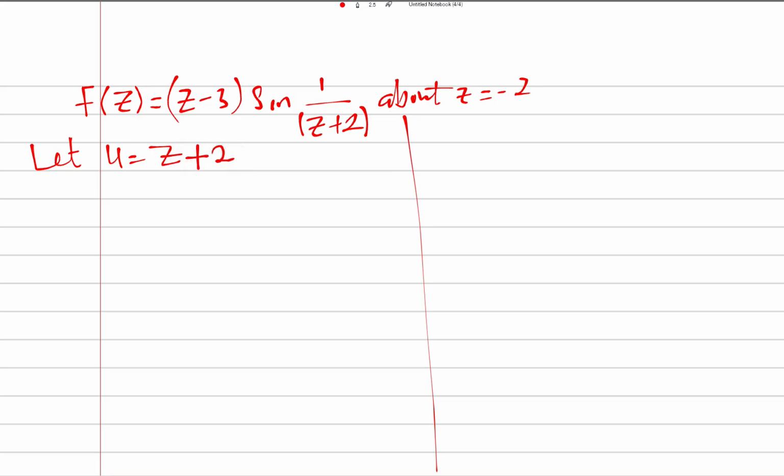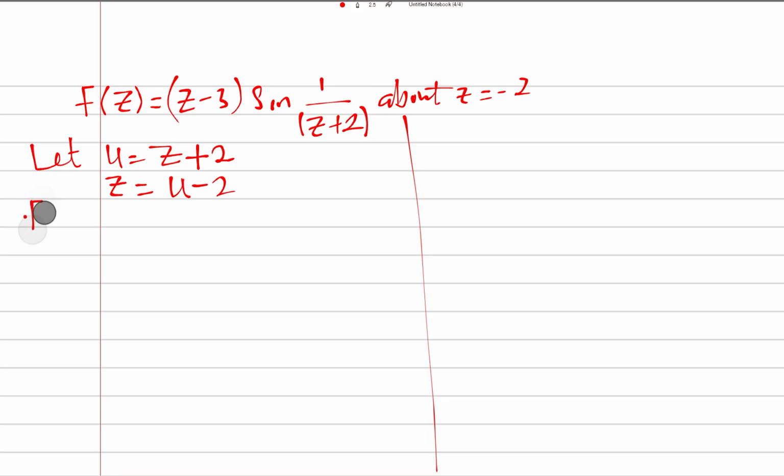If u is equal to z plus 2, then our z will be equal to u minus 2. So anywhere you see z now, you put it there.